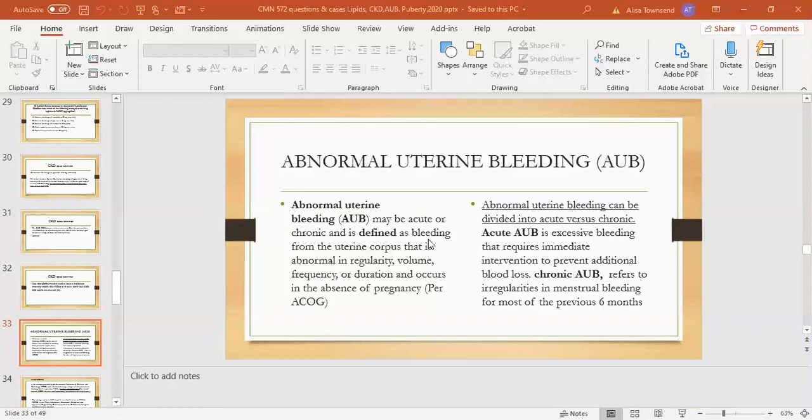Acute abnormal uterine bleeding is excessive bleeding that requires immediate intervention to prevent additional blood loss. Chronic refers to irregularities in the menstrual bleeding, usually from the previous 6 months. Okay, so the person's had some menstrual problem issues.